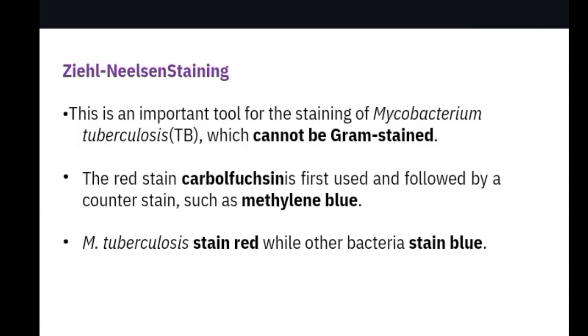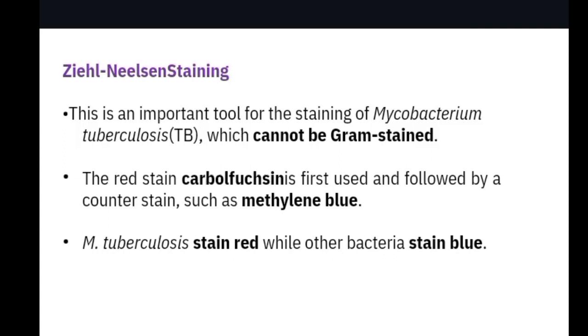So the third one is Ziehl-Neelsen staining. It is also one of the most important staining techniques. This is an important tool for staining Mycobacterium tuberculosis, which we usually call TB, which cannot be gram stained.